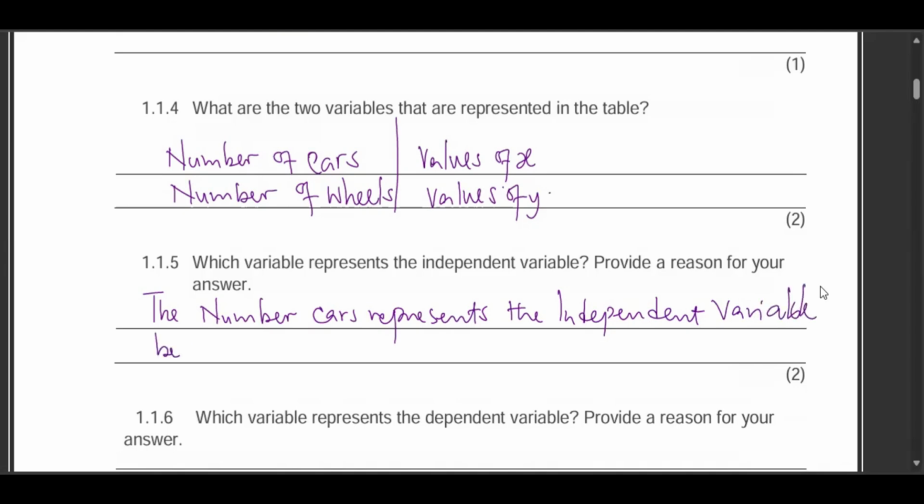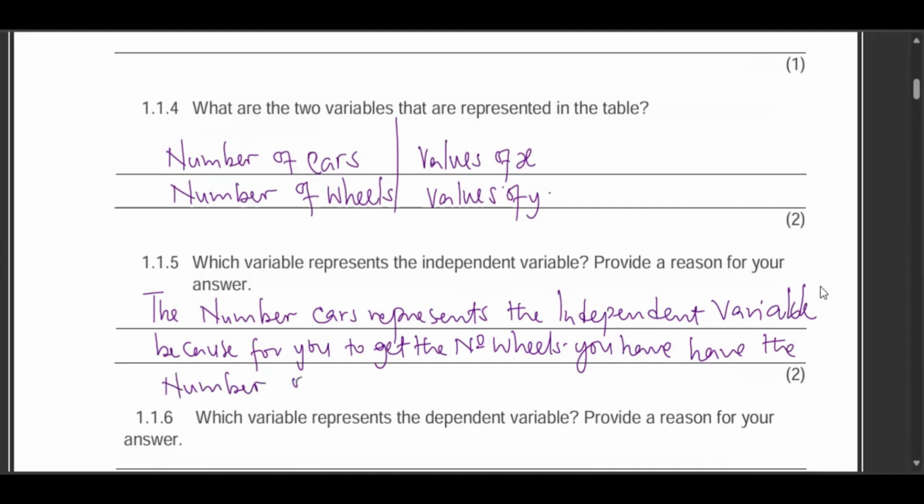Because for you to get the number of wheels, you have to have the number of cars.